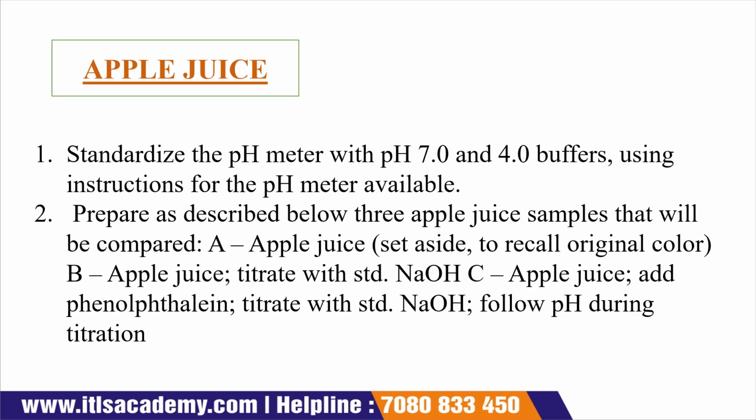Now the next one is the apple juice. Standardize the pH meter with pH 7 and pH 4 buffer. That means we have to calibrate it: with the help of soda we find the titratable acidity, and with the help of apple juice we are going to determine the pH.